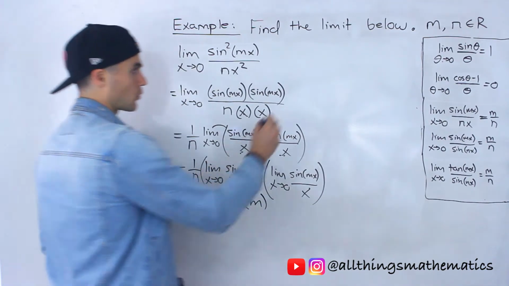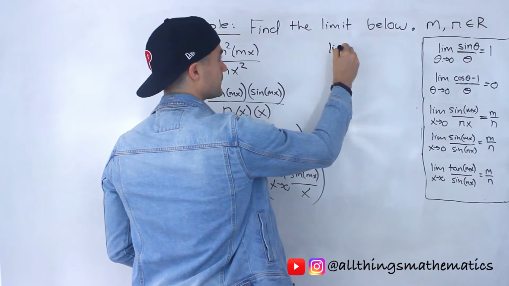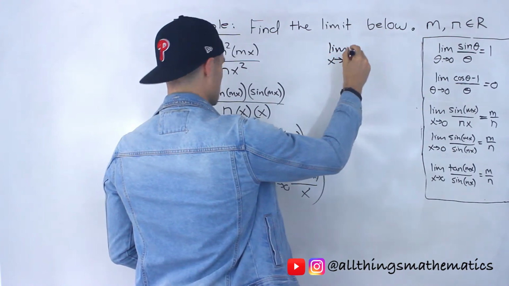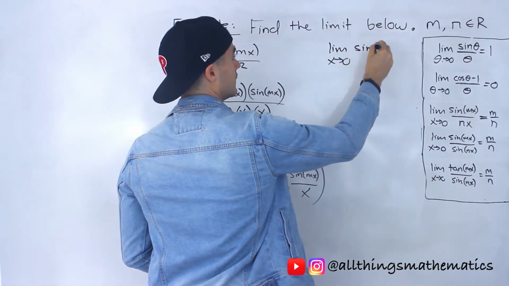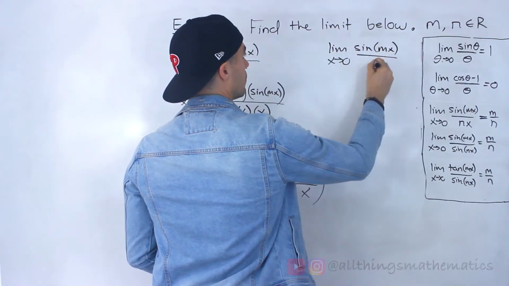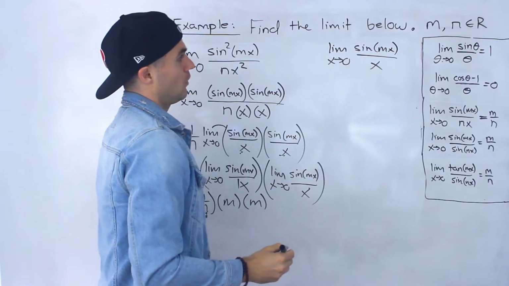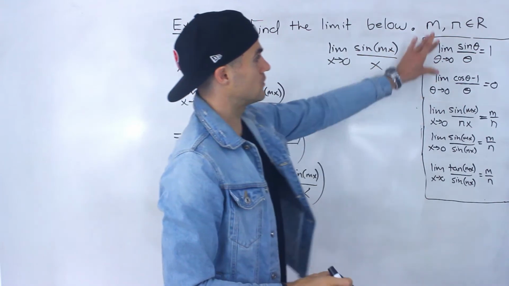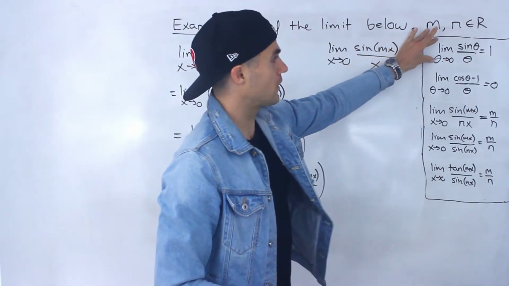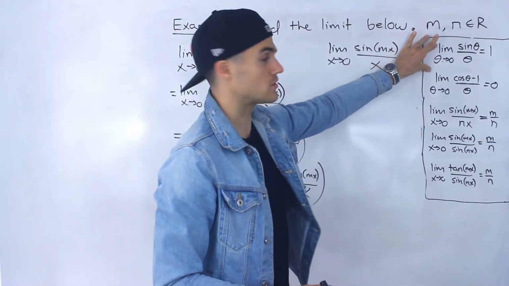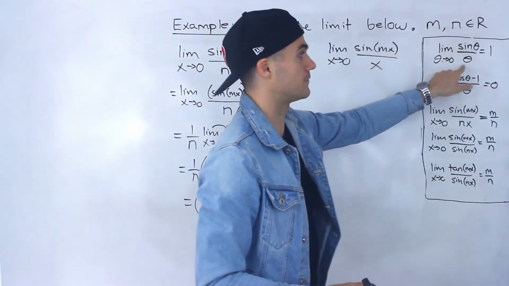Now, if you wanted to show your work a little bit more with that, we'd have the limit as x approaches 0 of sine mx over x. To show our work more with this, we want to try to use this fundamental limit.